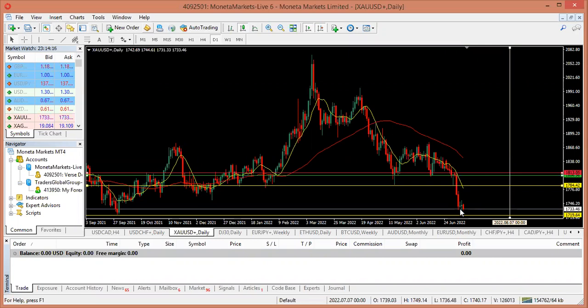That is 3,125 pips, or let's use the word steps. So price moved 3,125 steps downward from the 9th of March 2022 to this present day. Are we understanding? Yes, sir.